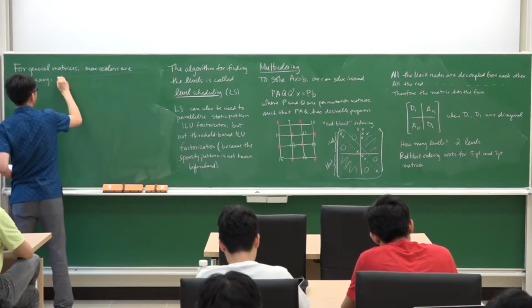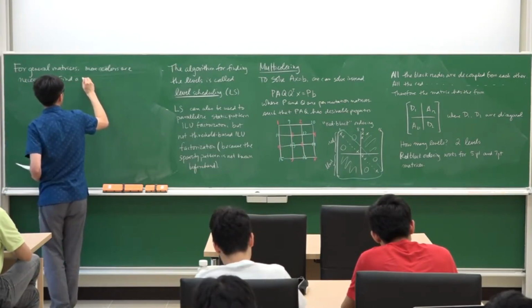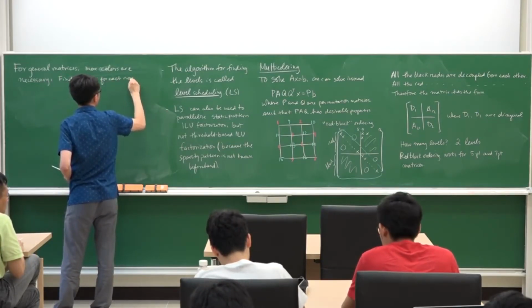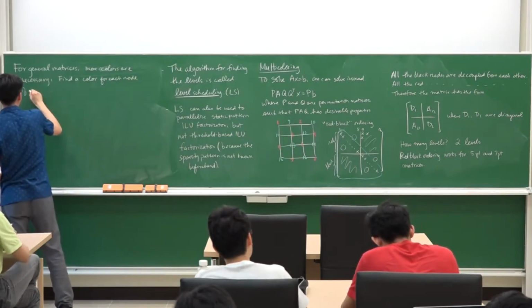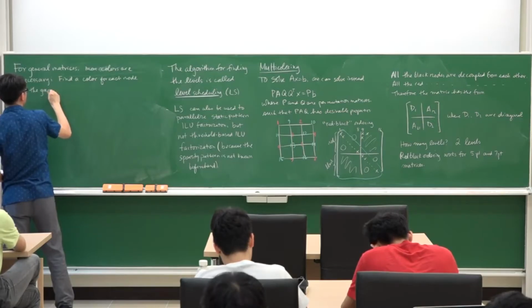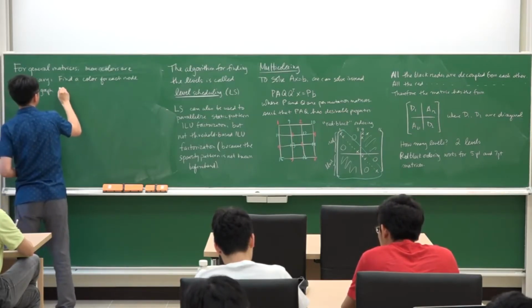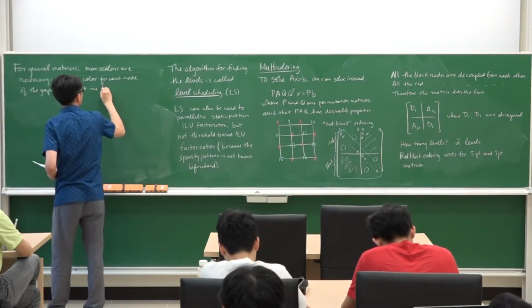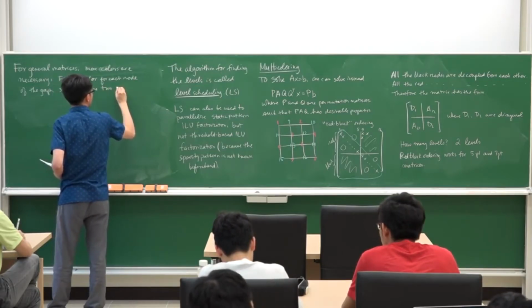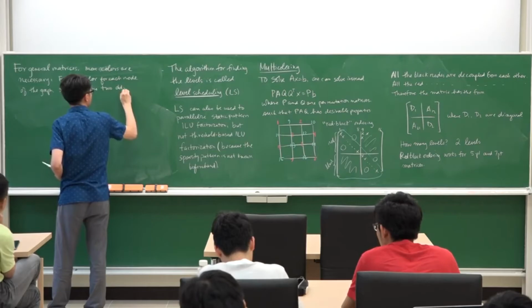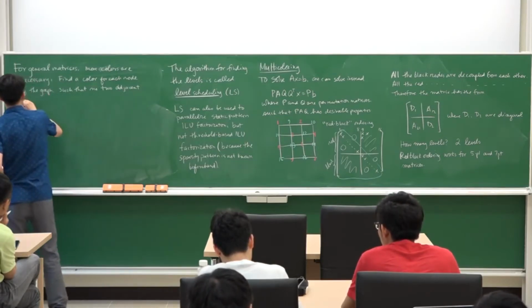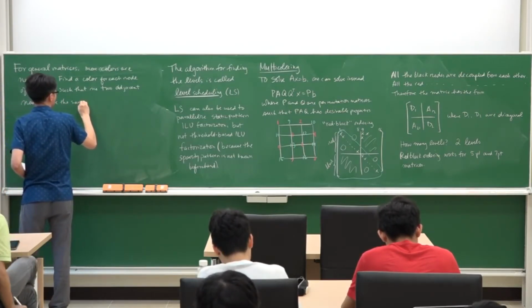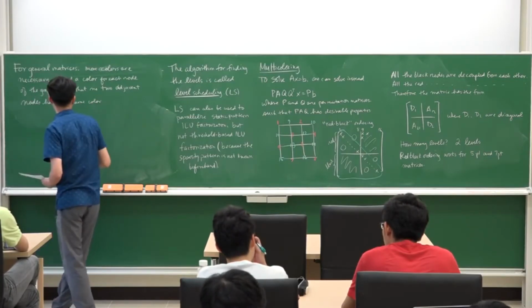Okay, so we want to find a color for each node of the mesh or of the graph corresponding to the sparse matrix. Find a color for each node of the graph such that no two adjacent nodes have the same color. Okay.